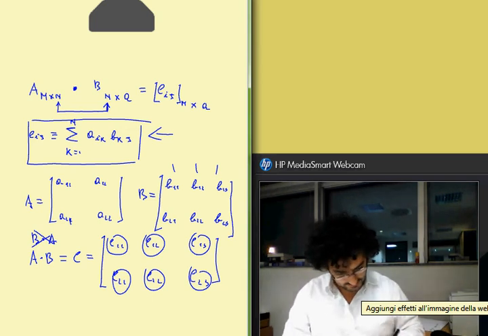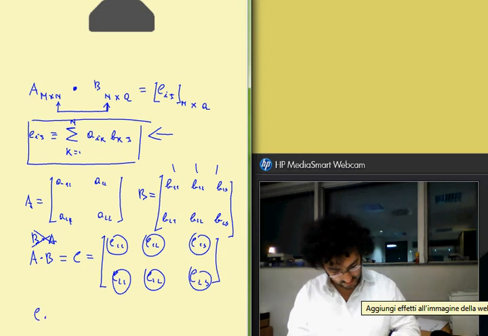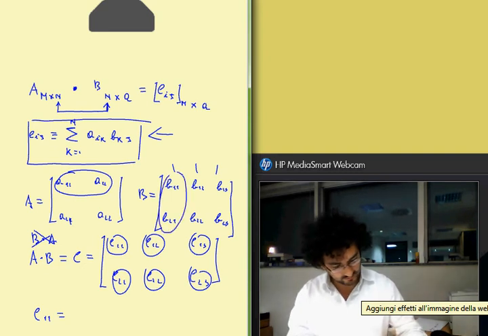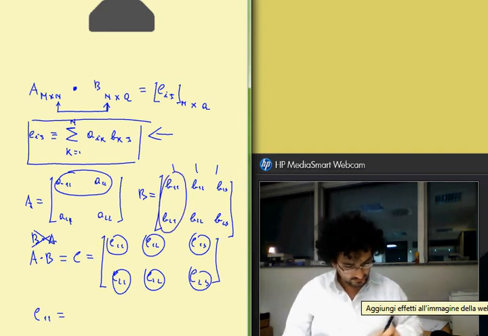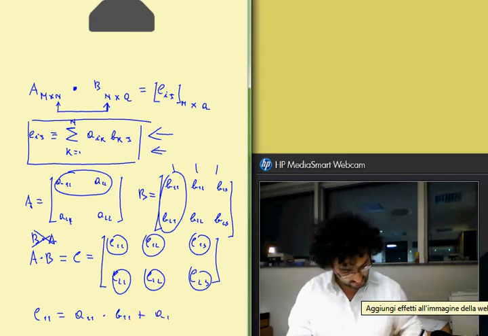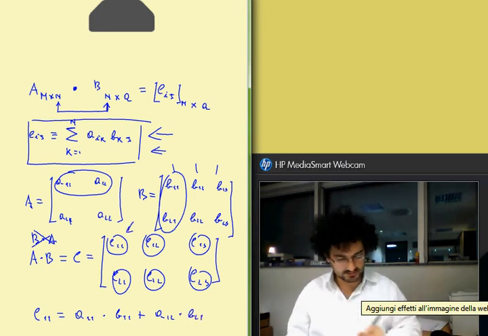So for instance, for C11, we need to take under consideration the first row of matrix A and the first column of matrix B and apply this formula. So it will be equal to A11 times B11 plus A12 times B21. We get these elements.